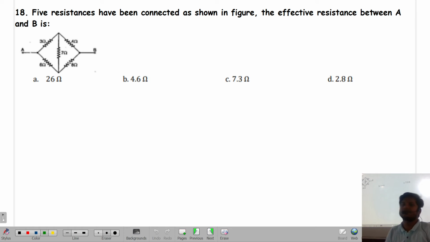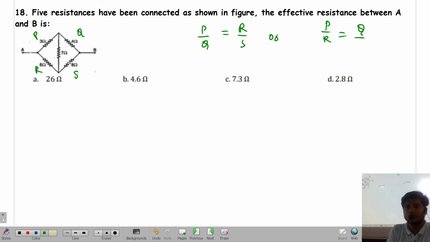Here you can apply the Wheatstone principle, yes or no? First check whether it is a Wheatstone bridge or not. Let's suppose this is P, this is Q, this is R, this is S. Remember, two steps you have to apply. First, take P by Q equal to R by S, or take P by R equal to Q by S. In both conditions it will work as a Wheatstone bridge. Got it or not?